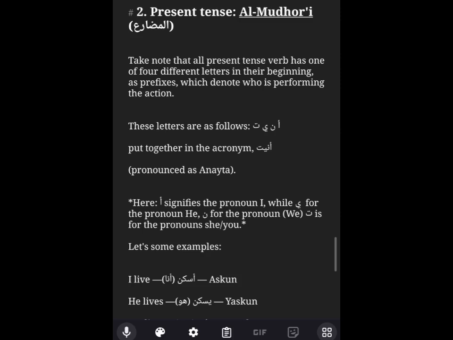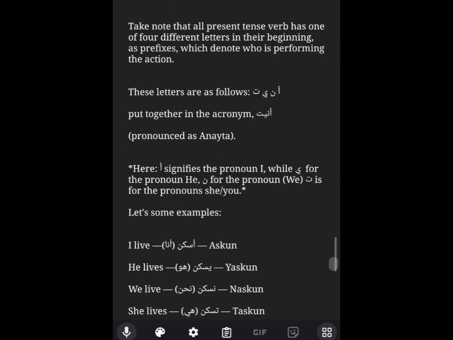First person pronoun I. The ya refers to the third person, he, for a singular person you're referring to. The noon is referring to we, first person plural or first person dual.